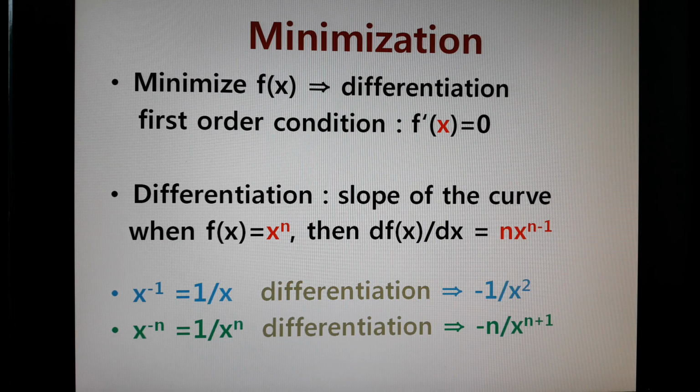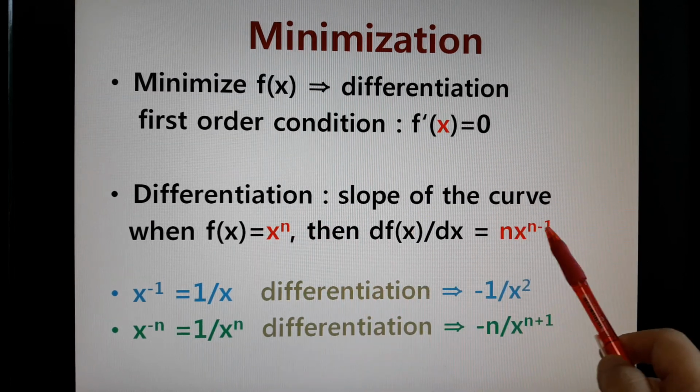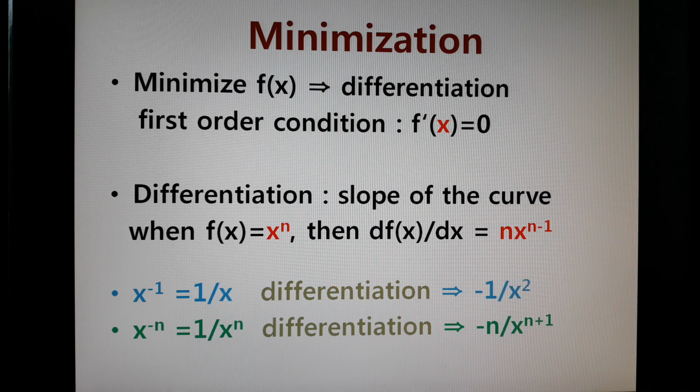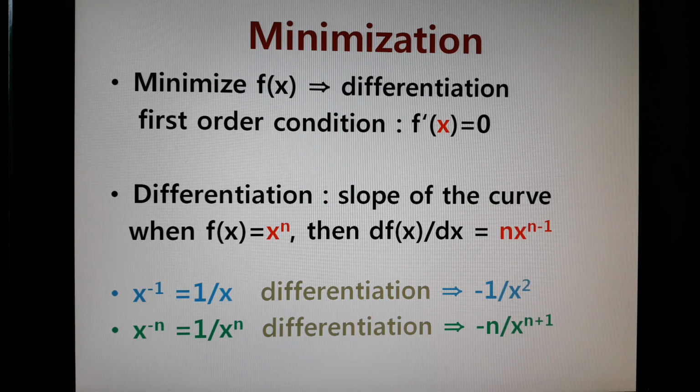When you differentiate f(x) by x, n jumps out, and it's x to the power of n minus 1 instead of n. So if you differentiate x cubed, then it will be 3x squared. Once again, I hope you remember that. You must have learned it.